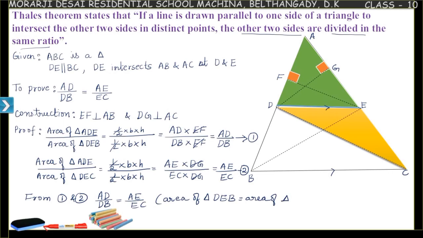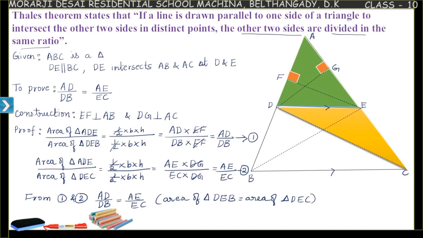They are equal in area because DE is the common base and they lie between the common parallel lines DE and BC. Therefore, area of triangle DEB is equal to area of triangle DEC. Left hand sides of both equations 1 and 2 are equal, area of triangle ADE and area of triangle ADE.